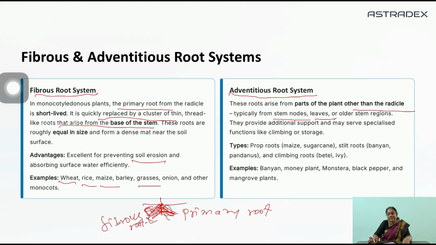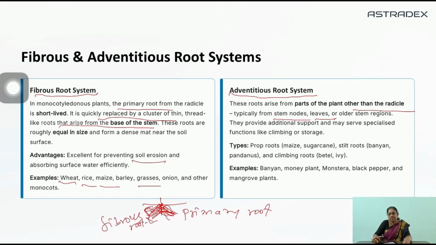They provide additional support and may serve specialized functions like climbing or storage. Examples: banyan, money plant, black pepper and mangrove plants. This is adventitious root system.